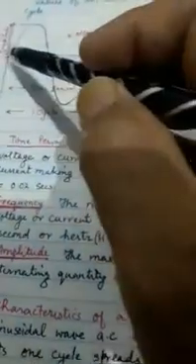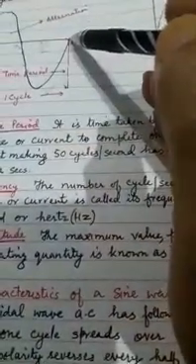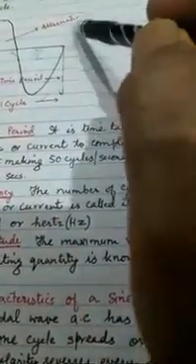Now I may tell you the fourth. It has zero value at 0 and 180 degrees. It has zero value where the cycle starts, at 0, and at 180 and 360. Then it begins the next cycle from here. That's why we are telling it has a zero value at 0, 180, and 360.